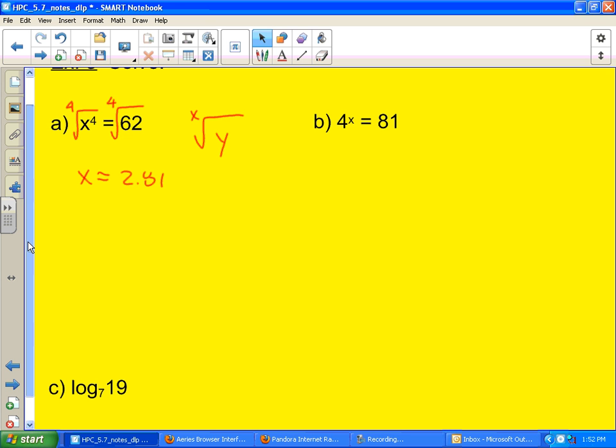What's the answer for B? How do we do B? Now we set it up as a logarithm because we're looking for an exponent. Log base 4 of 81 is equal to x.